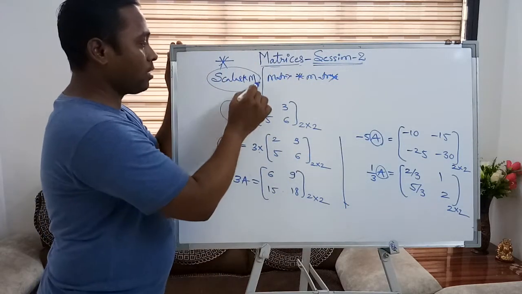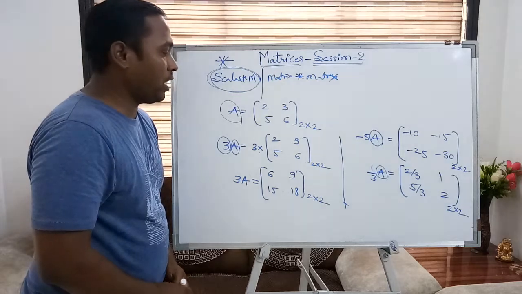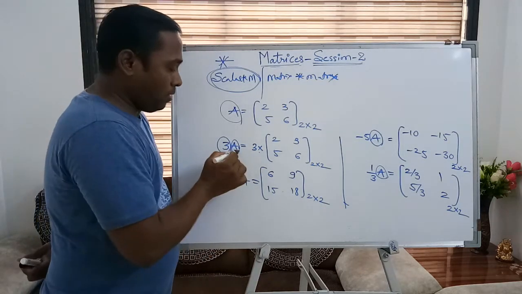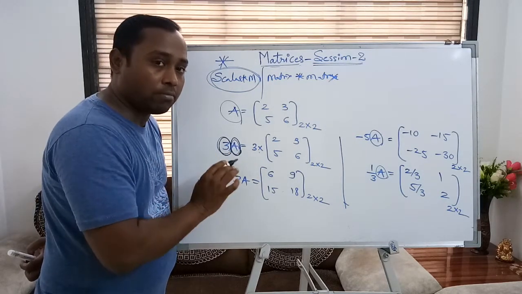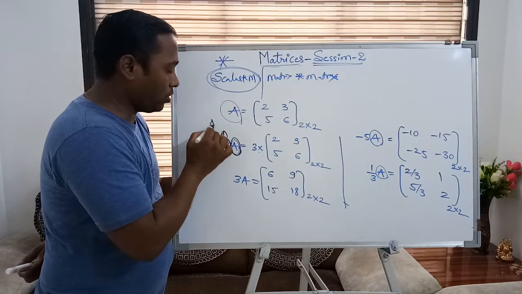So in scalar multiplication you have observed 2 points. The first point is, when we say scalar multiplication, the matrix is multiplied by a scalar, a number which is, remember, a non-zero real number.